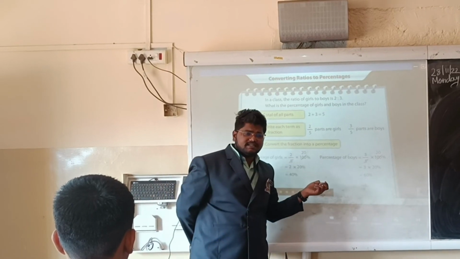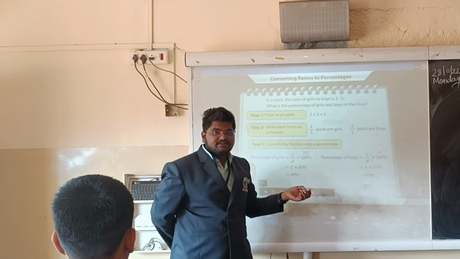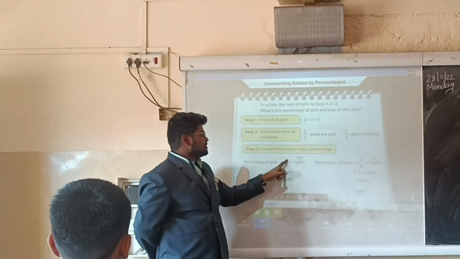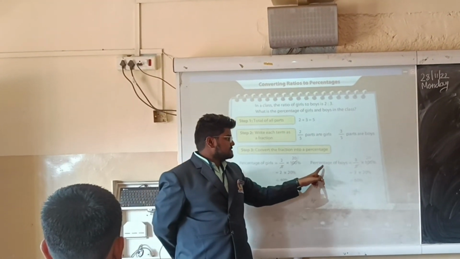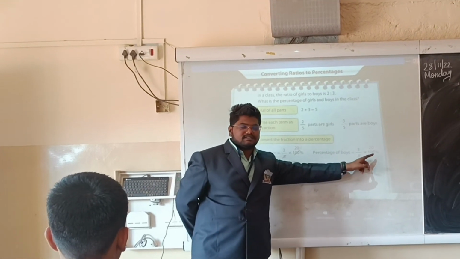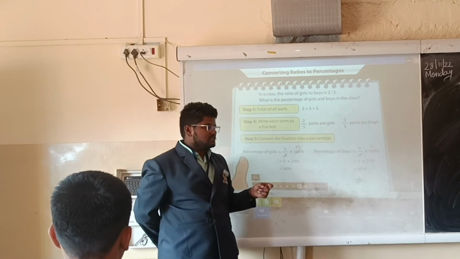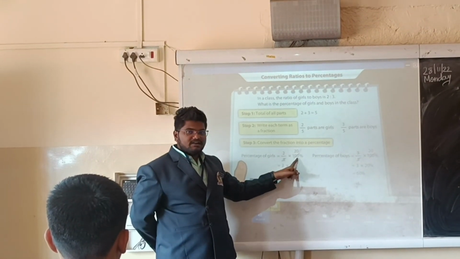To find the percentage, we multiply them with 100. So the percentage of girls is 2 upon 5 multiplied by 100%, and the percentage of boys is 3 upon 5 multiplied by 100%. Like I told you, there are a few special numbers that we have to learn. 5 ones are 5 and 5 20s are 100.